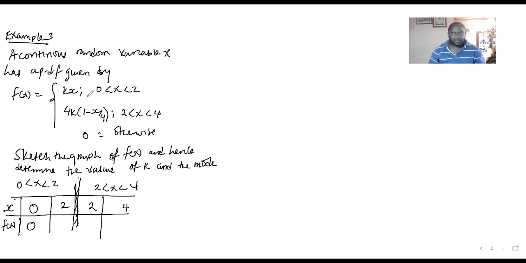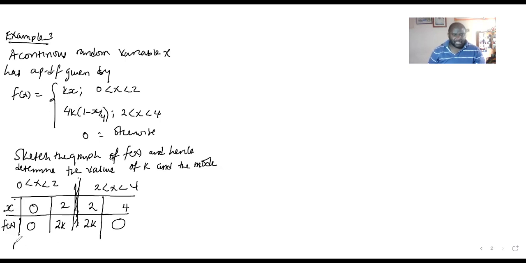In the first region. When I put x is 2, I'll get 2k. Do you see that? Then the second one, when you put here 2, you'll get a half. 1 minus a half is a half. A half times 4k, you'll get 2k. So this is 2k. Then lastly, when x is 4, I'll get 1 minus 1, and the answer is 0.